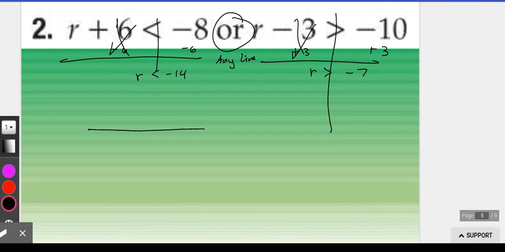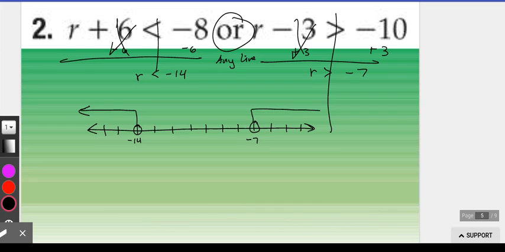So let's put these on the number line to see where this ends up being. So there's negative 14, negative 13, 12, 11, 10, 9, 8, negative 7. So I have some of these numbers on here. This would be an open dot on negative 14 going left, open dot on negative 7 going right. And remember, I'm shading where there's any line, so I'm going to shade the 2 outside parts.